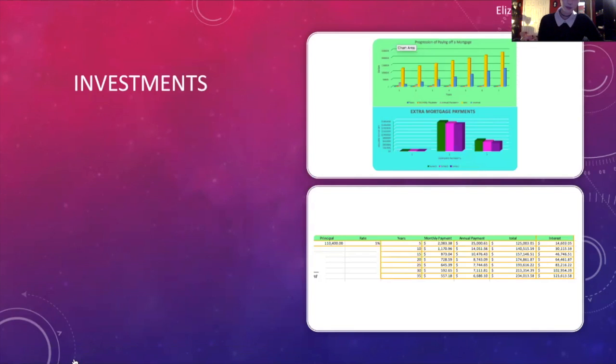Your monthly payments would be roughly $2,083.38, where your annual payment of $25,000.61 is what you would be paying. The total of $125,003.05 would be what you're paying, but you'd be paying $14,603.05 in interest alone.